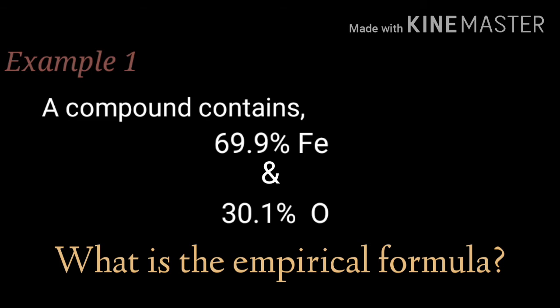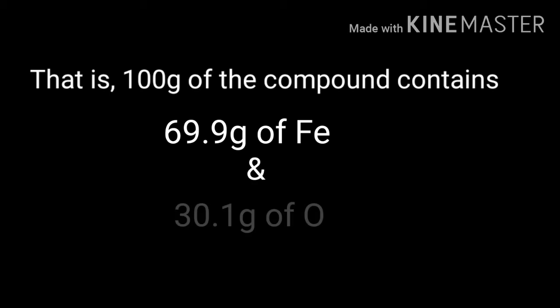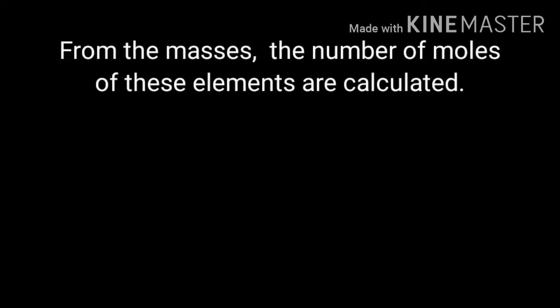See, the percentages given are 69.9 and 30.1 for the elements iron and oxygen. That means, if we consider 100 gram of the compound, there will be 69.9 gram of iron and 30.1 gram of oxygen. From this mass, we can find the number of moles of these elements.